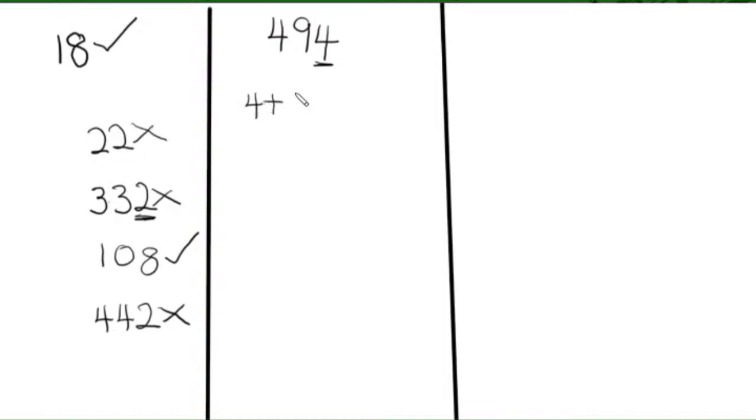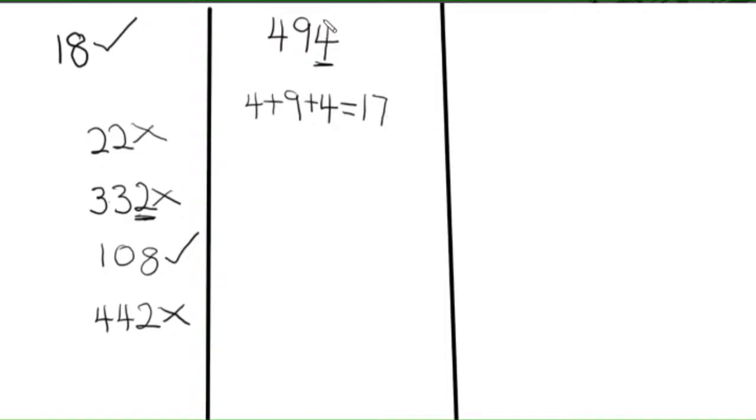4 plus 9 plus 4. And what is the result? 4 plus 9 is 13. 13 plus 4 is 17. 17 is not divisible by 9.